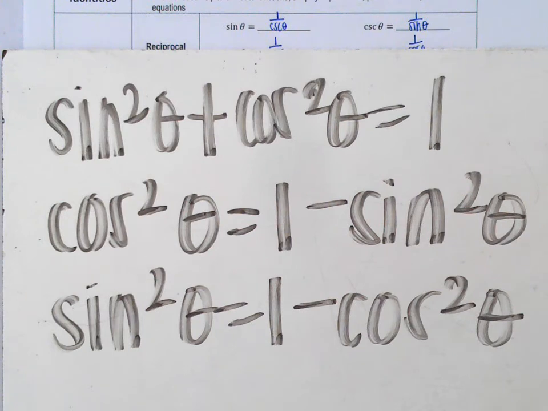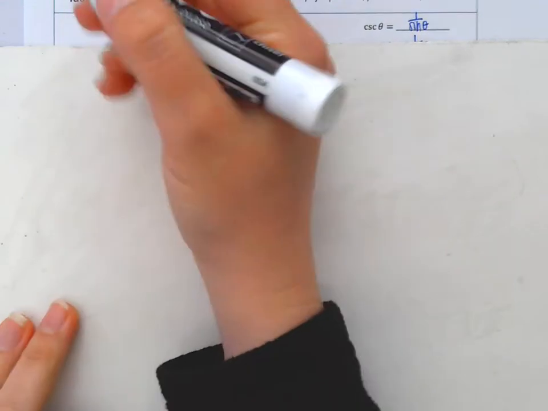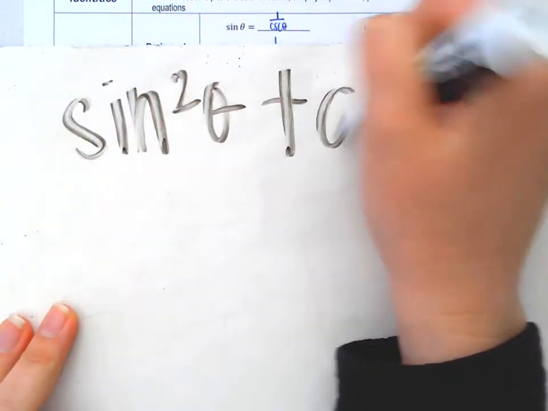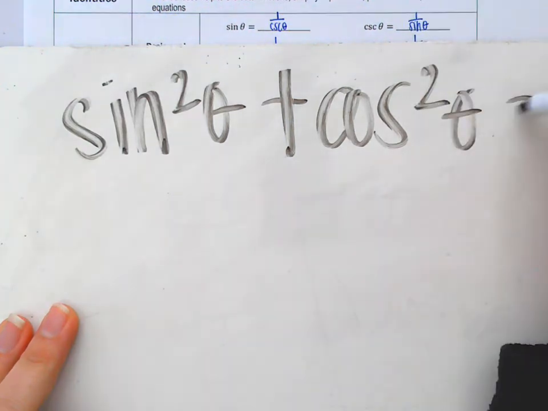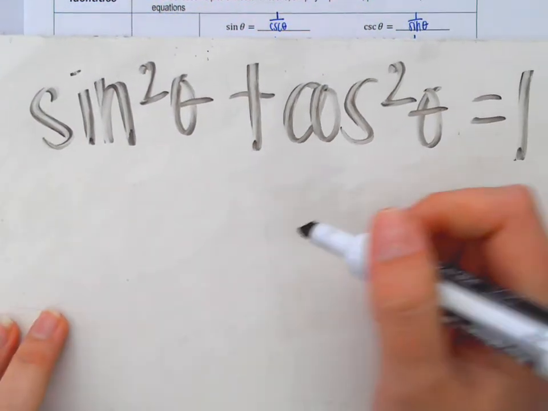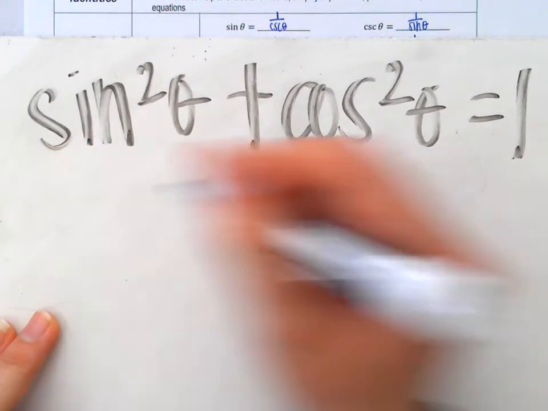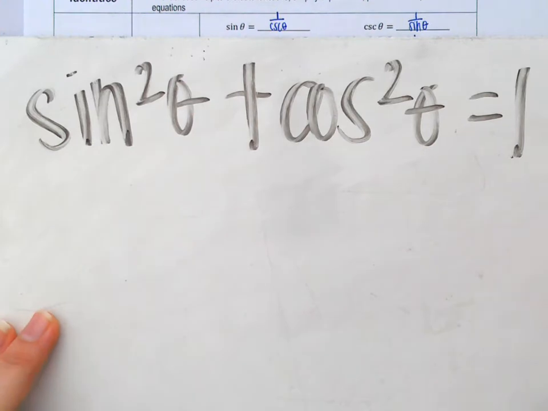Now, what I do write down, and why there is so much space, is because we're going to look at what would happen if we took the original one, sine squared theta plus cosine squared theta equals 1, and divided everything through. Remember, we have to divide an equation by every single part for it to be the same thing.